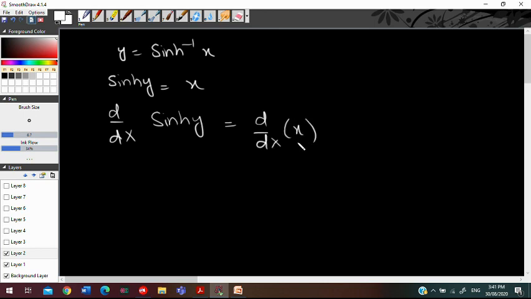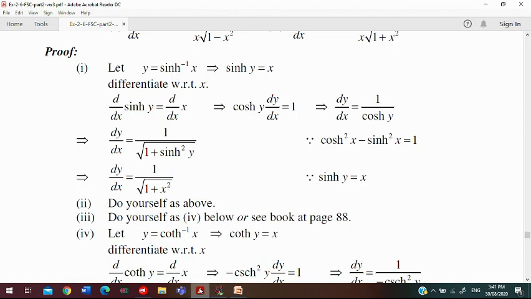Now I will apply the derivative rule. I know that the derivative of sine hyperbolic of y is cos hyperbolic of y. Then I have to differentiate its angle. Its angle is y. Sine hyperbolic is a function, and y is a separate variable, right?